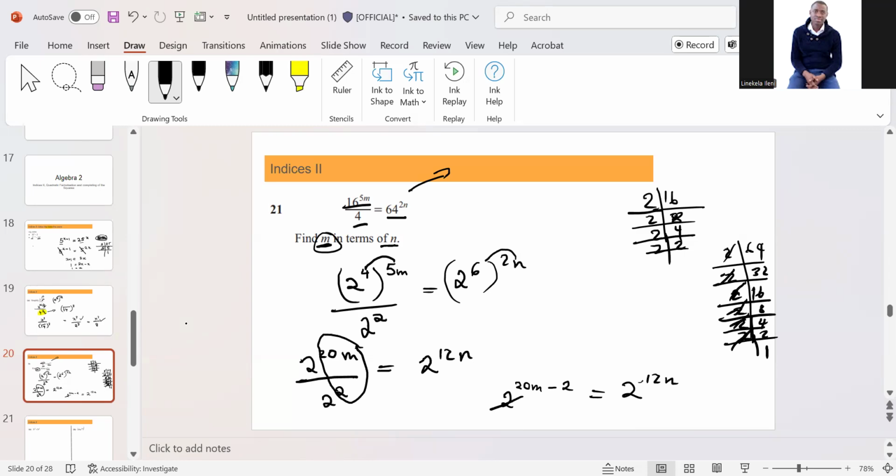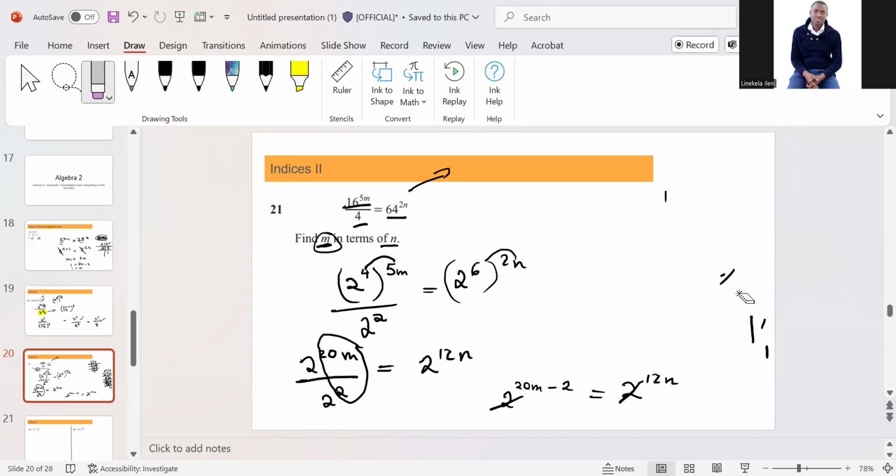The base is the same, so we can just cancel that out. And as soon as you're done canceling that out, immediately you can now make it linear to solve it. So this is why I say at times, yes, it can become slightly difficult, but not that difficult. Right, so then you end up with 20m minus 2 equals 12n.